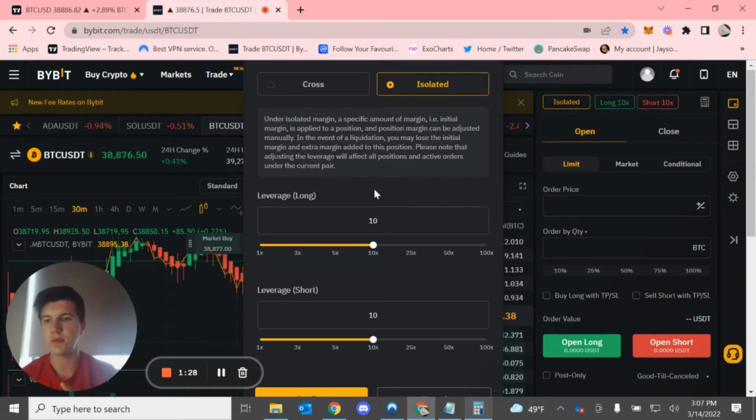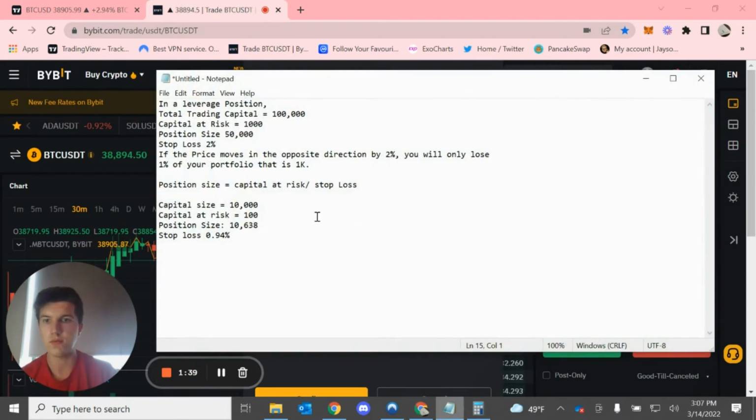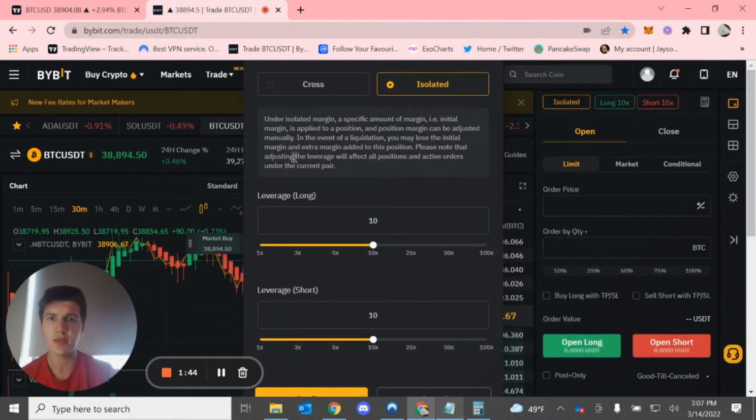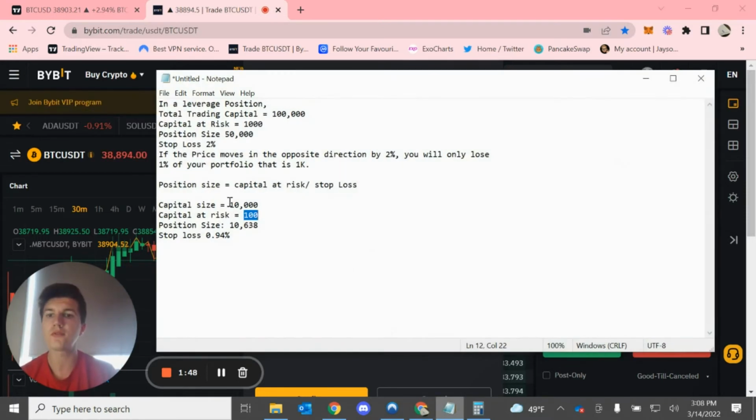There's isolated, which calculates the liquidation price based on the amount of margin that you put on, so your position size, which is really the amount you want to risk. And then there's cross margin, which uses your whole trading capital and predicts a liquidation price based off of that.